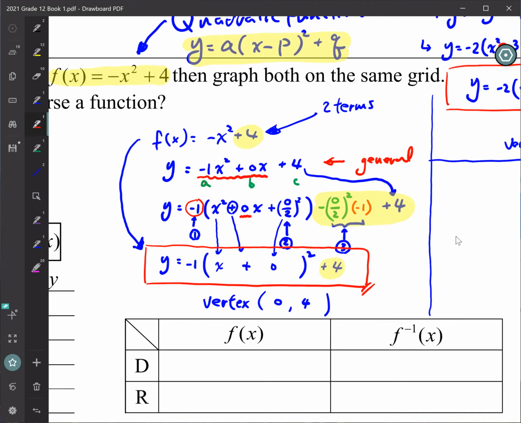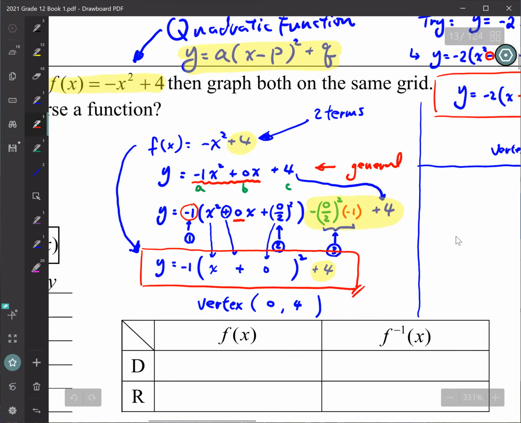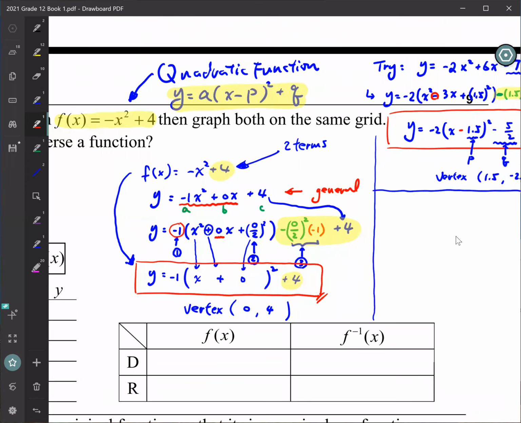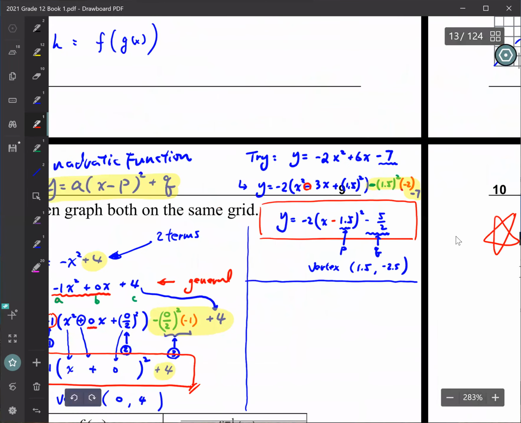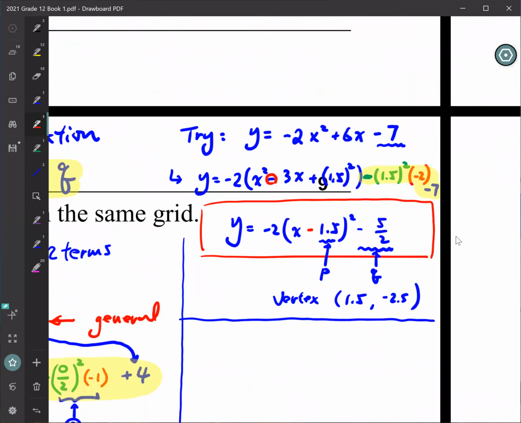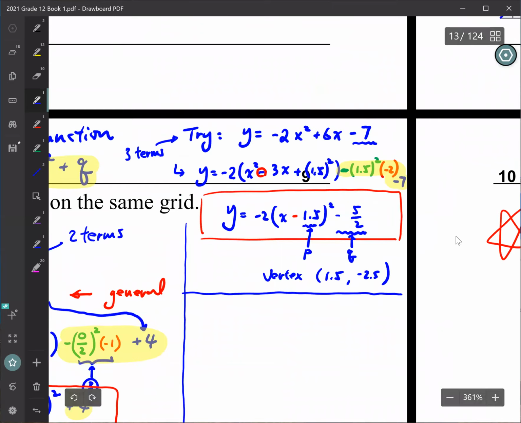So remember, only for 2 terms, the one that's missing the X, you can do that. But if you have all the 3 terms, like the one you were trying here, this one has 3 terms, then you will need to do step 1, 2, 3 to get the vertex.